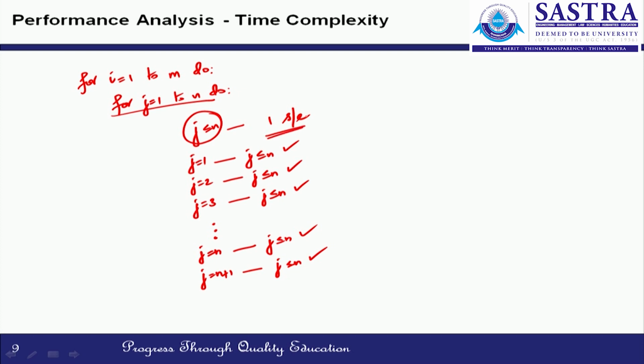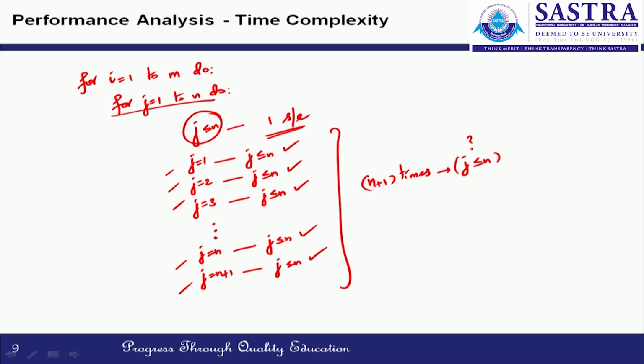How many times is the conditional test j less than or equal to n tested? Clearly 1, 2, 3, etc., n plus 1 times.